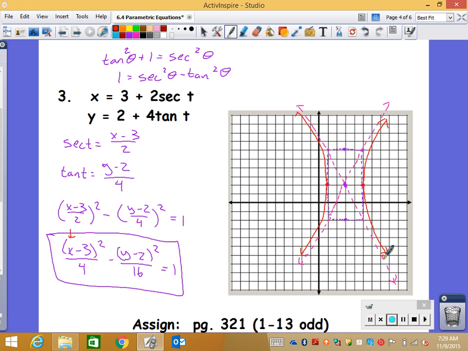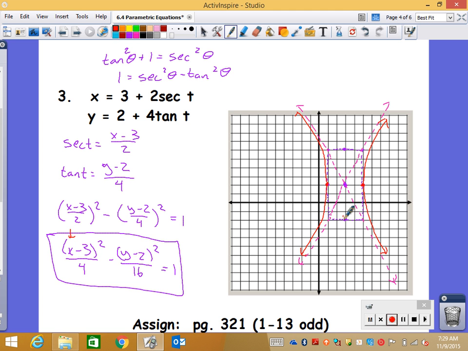So again, to recap, same process. Isolate the trig functions, substitute it in using a Pythagorean identity, and then simplify as far as possible. That was eliminating the parameter. To draw it, since I'm subtracting this term here, I first draw out my center. That's nothing new. Then I draw out my points up and down, see how far I go.